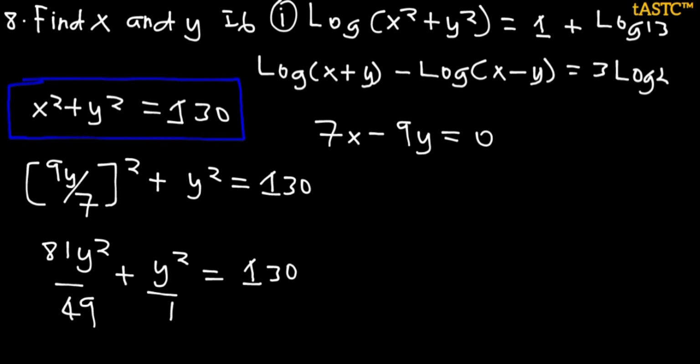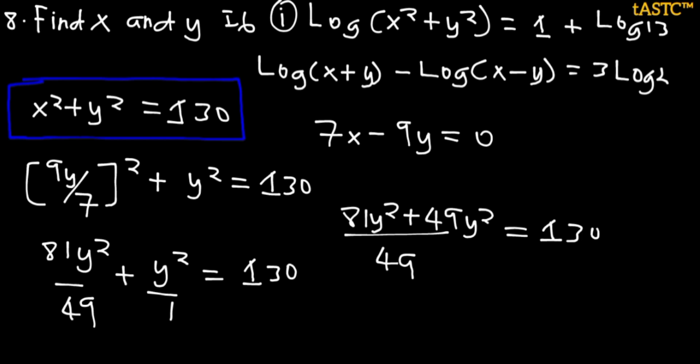Now this is divided by 1, so I just need to find out what the LCM is. So this is going to be 49. 49 into 49 gives 1, and 1 multiplied by this gives 81. So that will be 81y squared, plus 49y squared, and on this other side we're going to have 130.